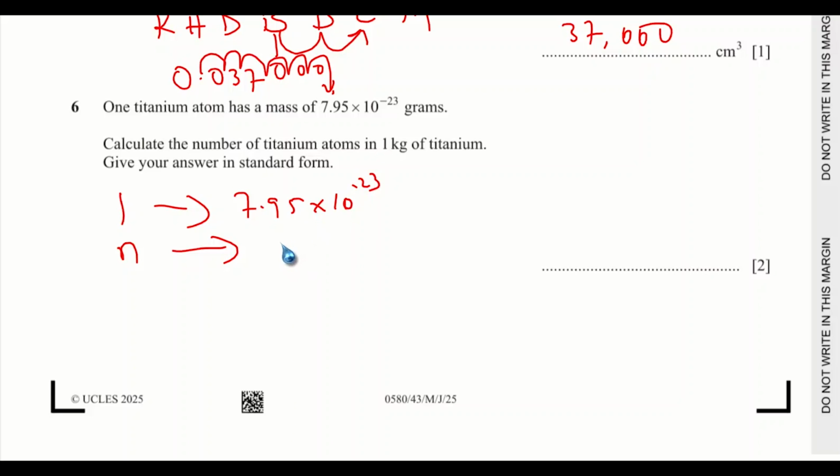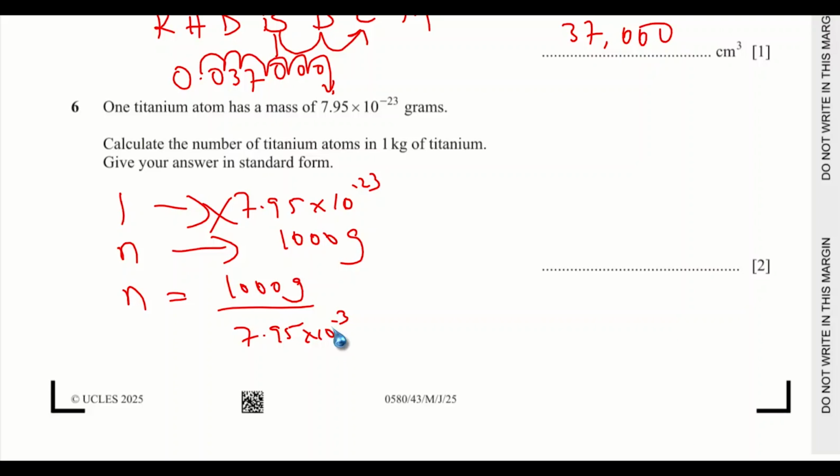So that is 1 kilogram, which is equivalent to 1000 grams. Okay, so we're going to cross multiply. Okay, and n will be equal to 1000 grams over 7.95 times 10 to the power of negative 23.